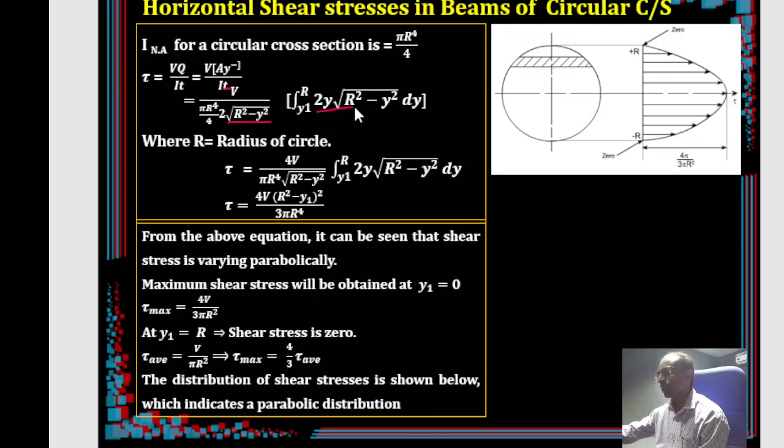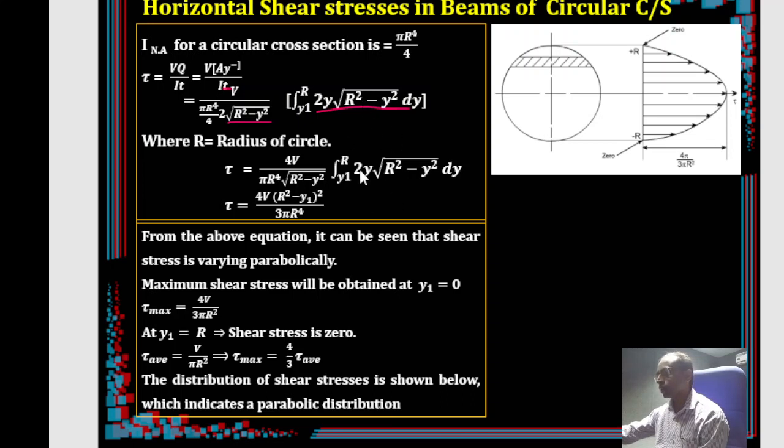So this integration is also easy, because the differentiation of the term inside the root, r square minus y square, is minus 2y. So I can use the rule: integral of f dash x into f of x is nothing but f of x to the power n plus 1 by n plus 1. So I can get the integration for this term very easily.